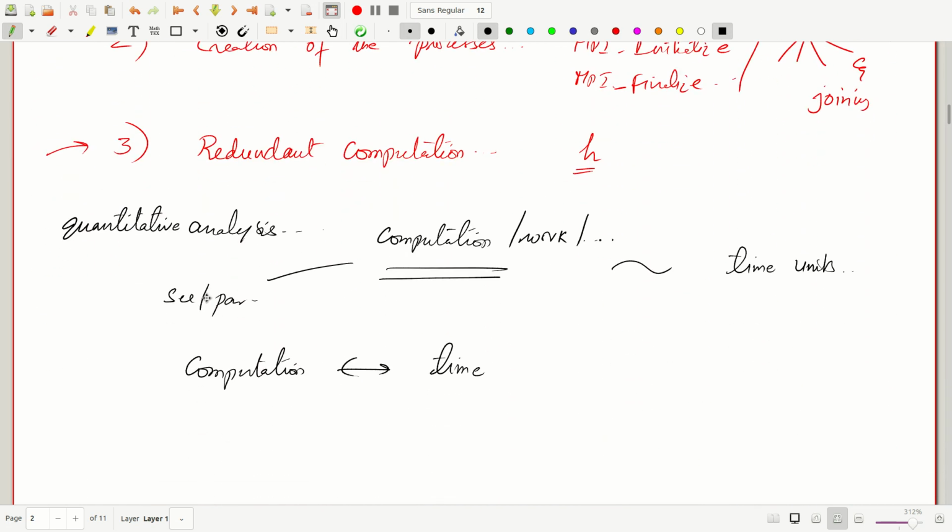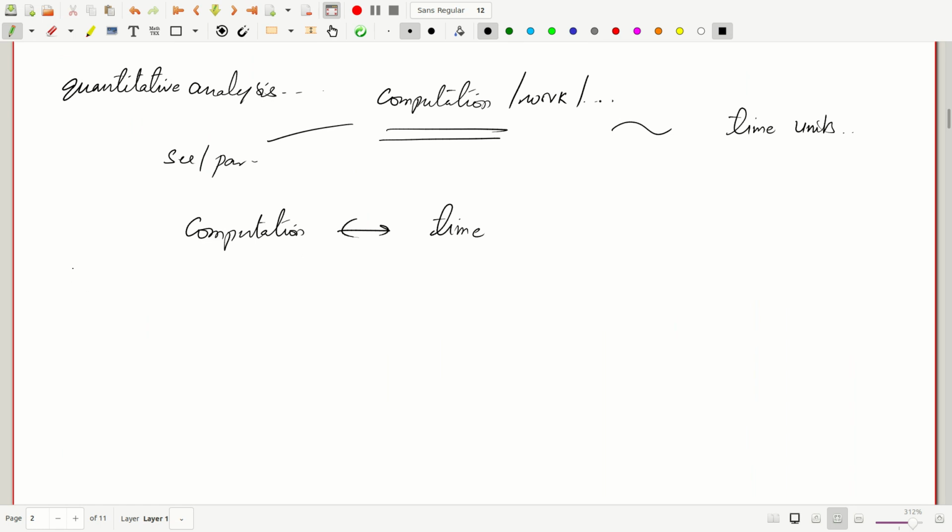We are also going to define a few variables here. Let me call sigma of n the sequential part of the computation of the parallel algorithm.